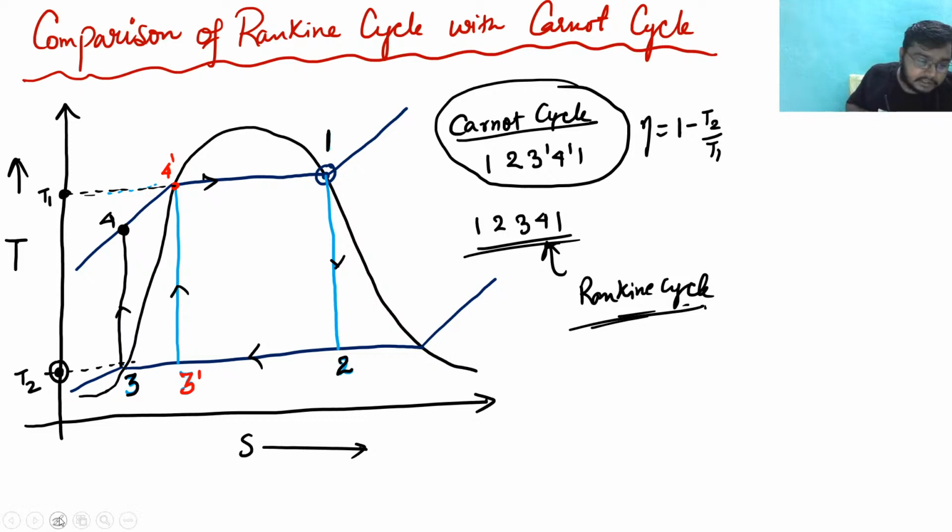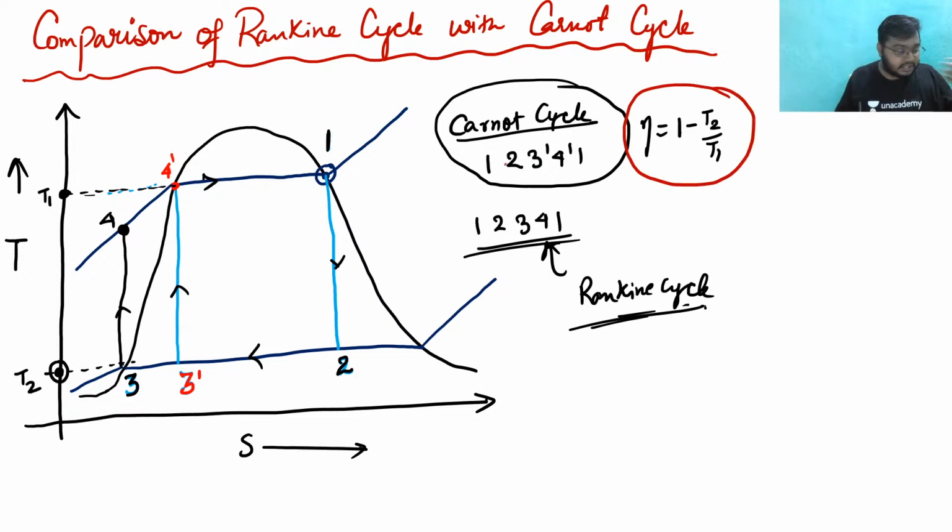I am not deriving these things, because the derivation of 1 minus T2 by T1 will take so much time, and that is not needed.